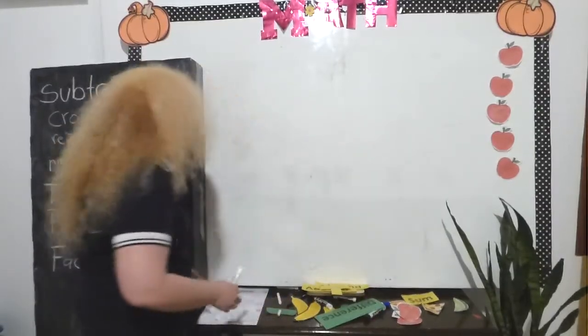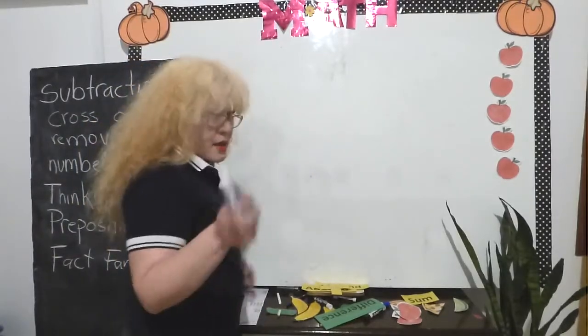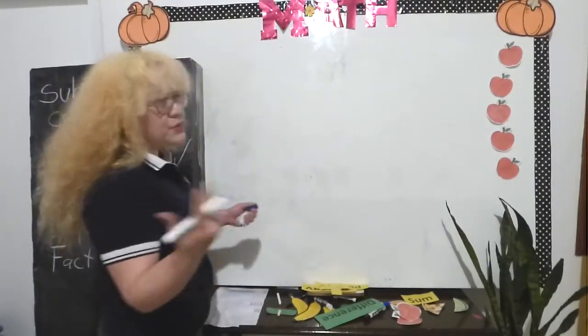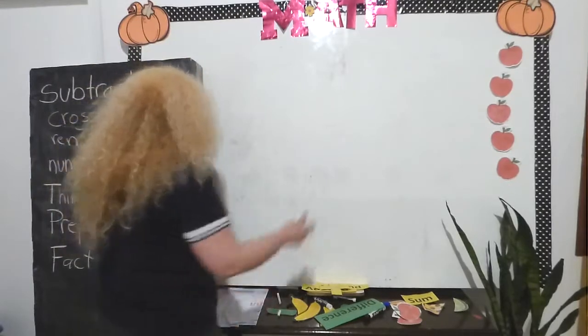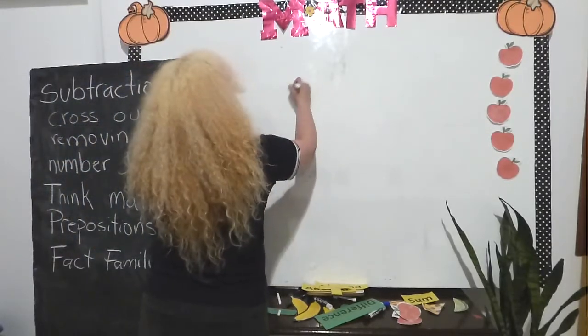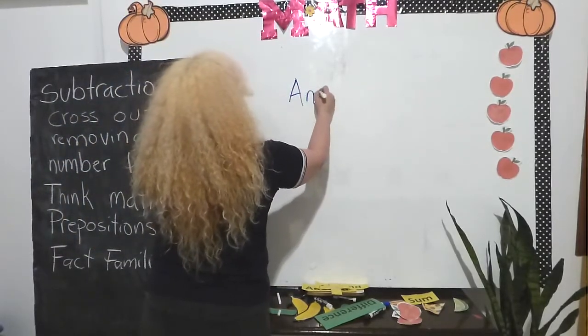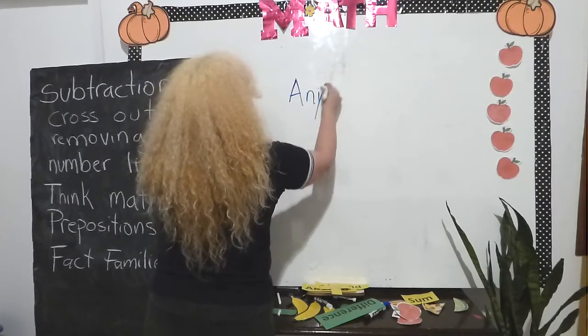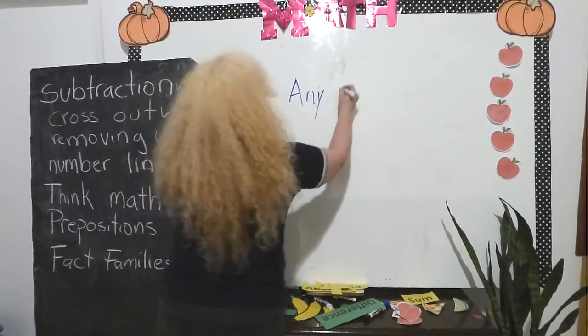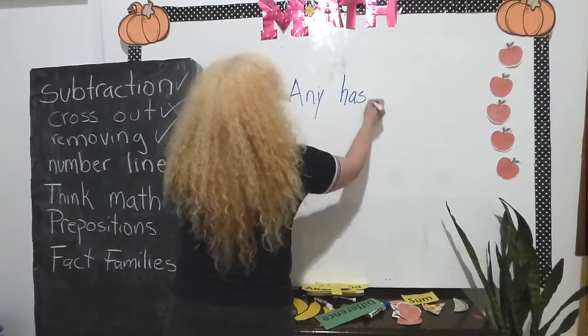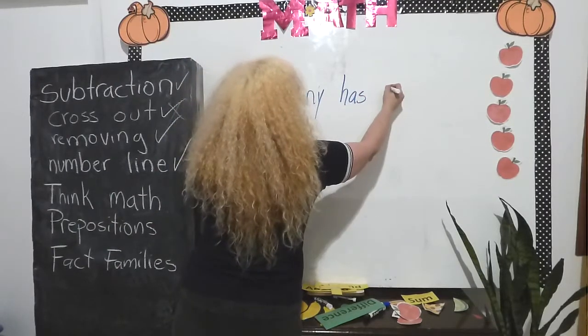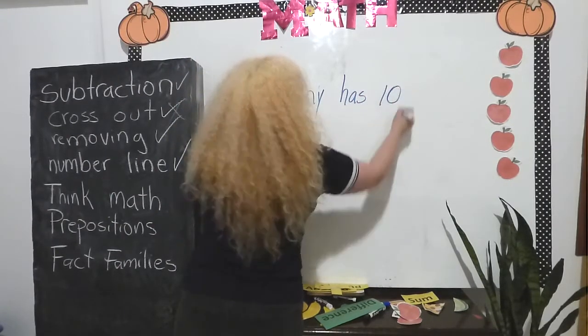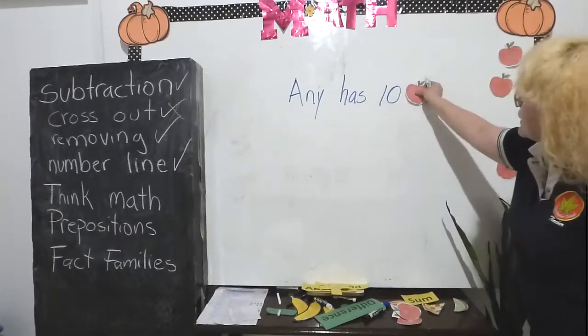Let's see. Exercise number 1. I'd rather use the word exercise to solve exercise. Annie has 10 apples.